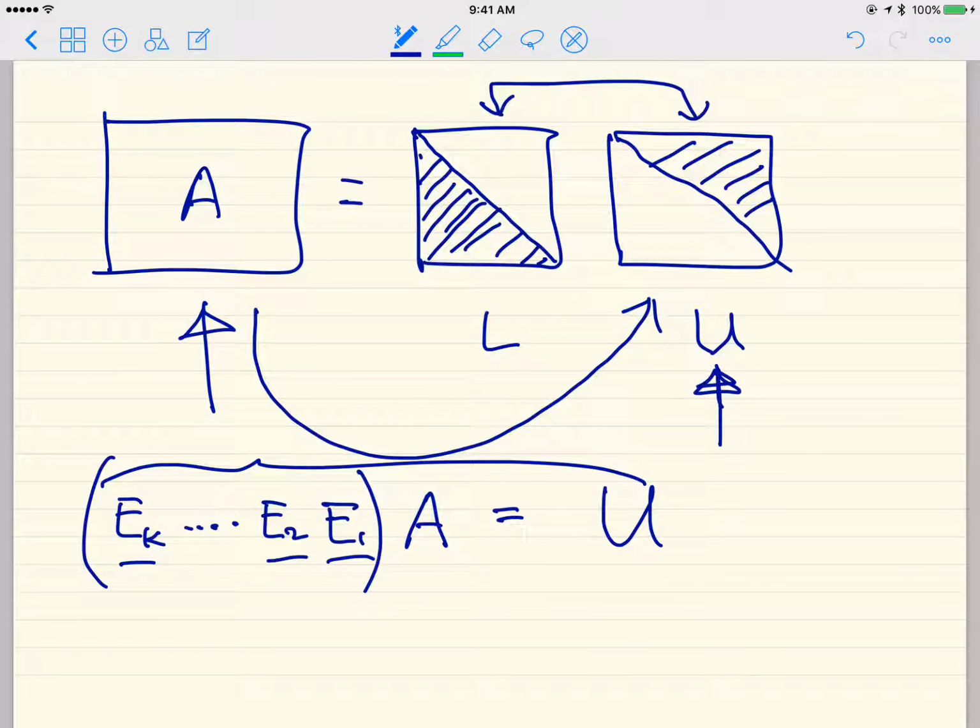And let me ask the question: is this part invertible or not?